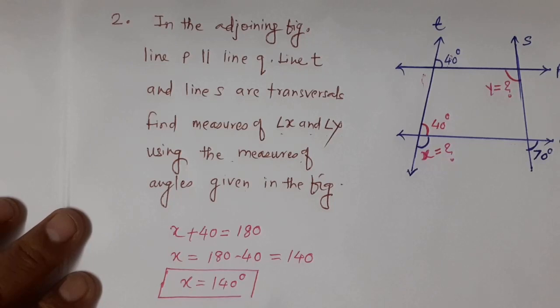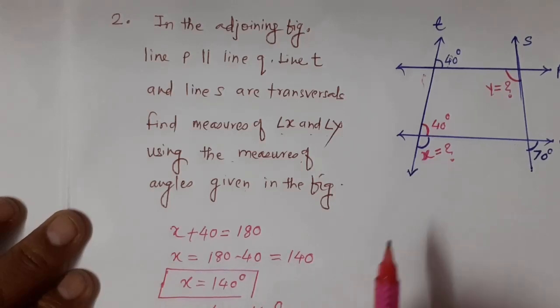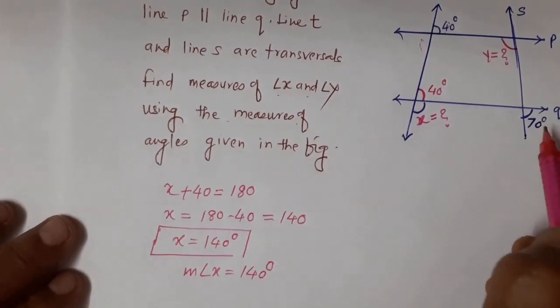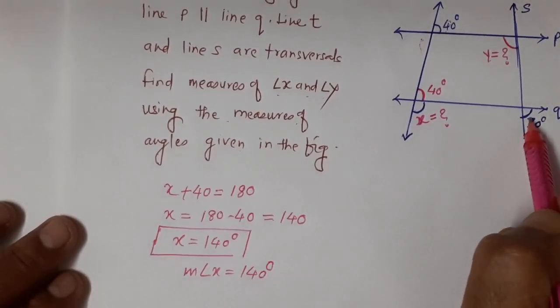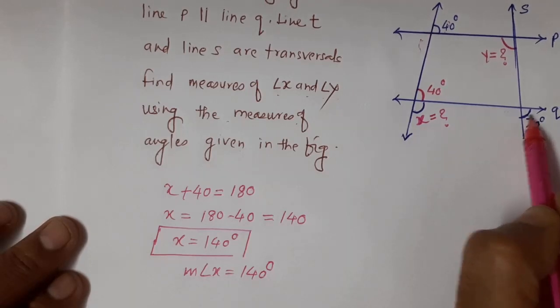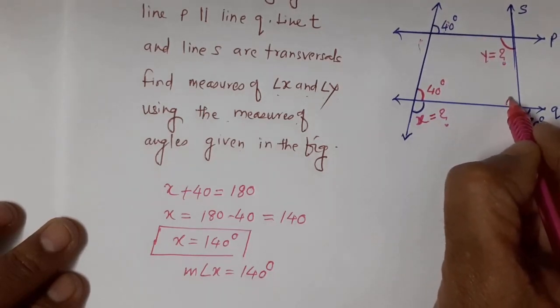Then the second thing we have to find out is the measure of angle y. The measure of angle x is equal to 140 degree, and this is given as 70 degree. If I put this 70 degree here, this is also an opposite angle.